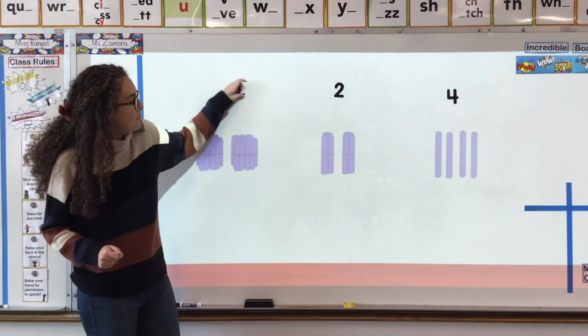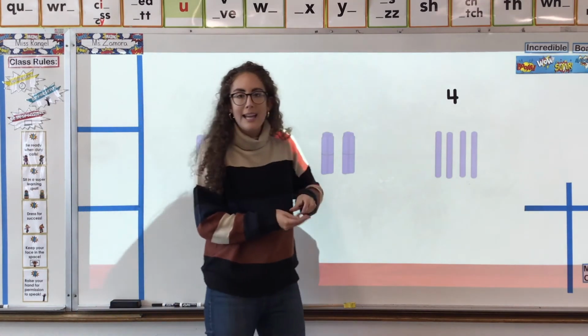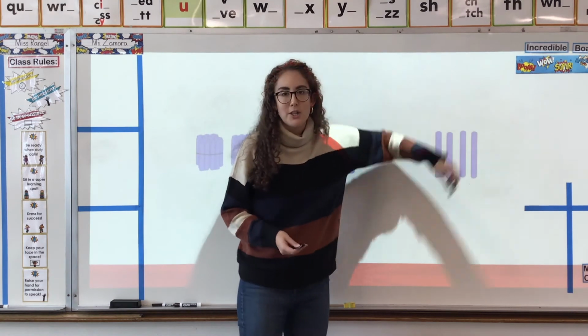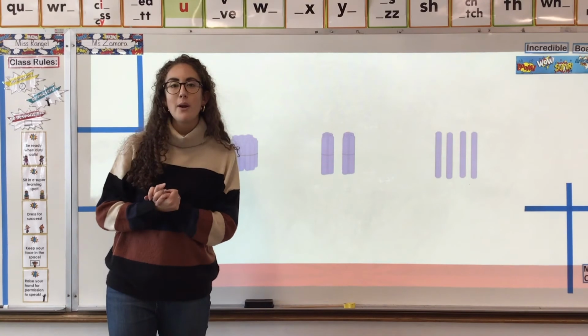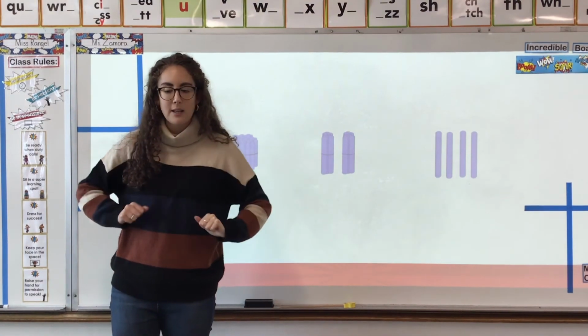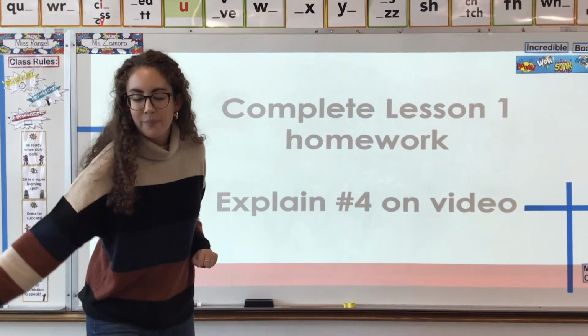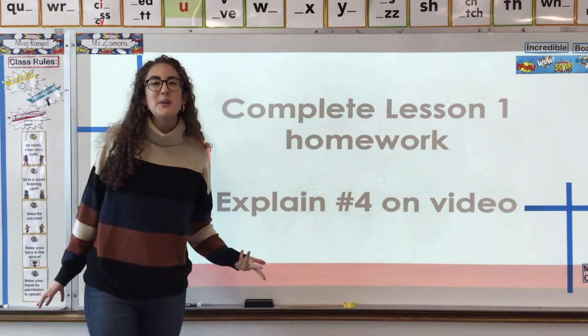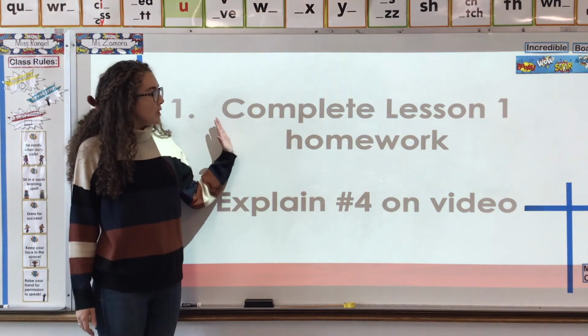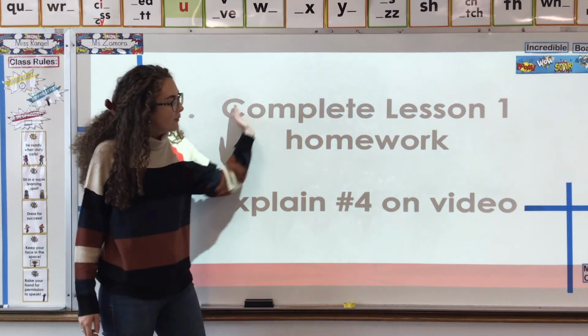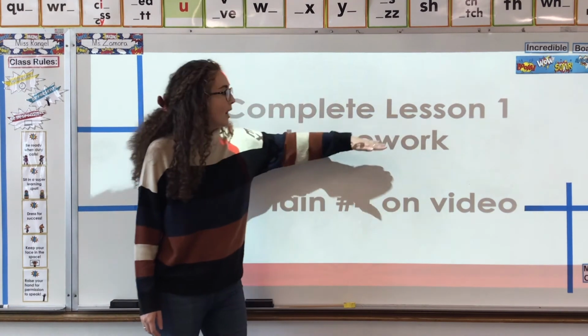Okay, awesome people. Good job drawing and identifying pictures. So now what you are going to do is work on these place value skills on your own. And you have 2 parts to your assignment today. So you are going to complete the lesson 1 homework.